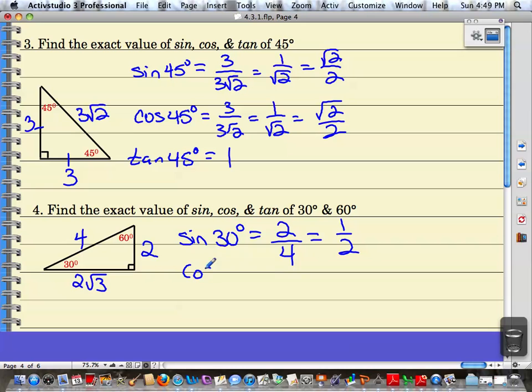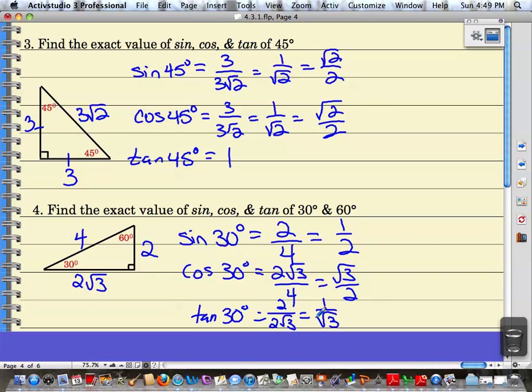Okay? Cosine of 30 degrees is the adjacent leg over the hypotenuse, which simplifies to square root of 3 over 2. Same value that we had in our table when we did our unit circle. So, tangent of 30 degrees is opposite over adjacent, which simplifies to 1 divided by square root of 3, which rationalizes to square root of 3 divided by 3.